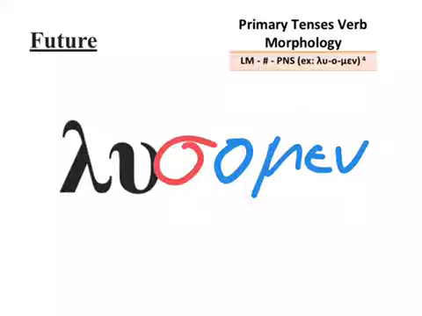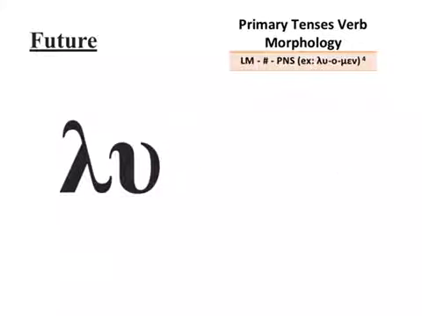So when you do something future, you would translate it like, instead of I am loosing, you say I will loose. So you usually apply the word will or shall when you're translating. You want to do another example? Throw one out. Pick a person number for luo.